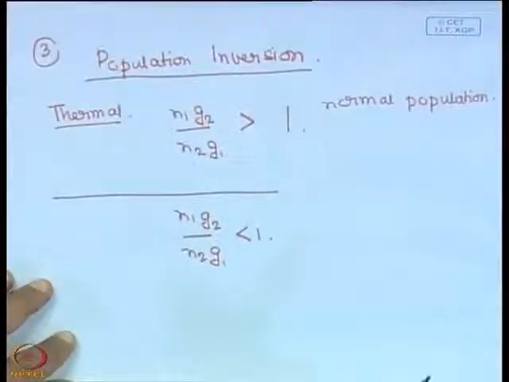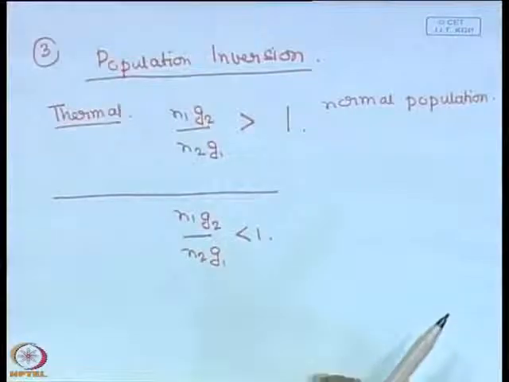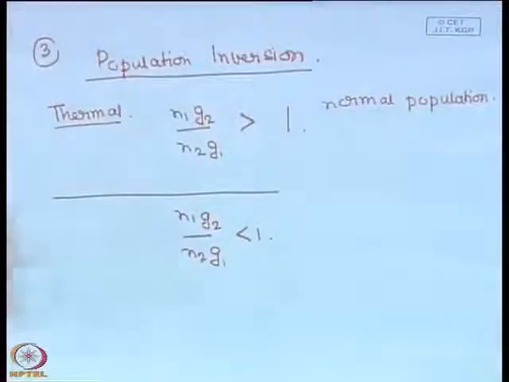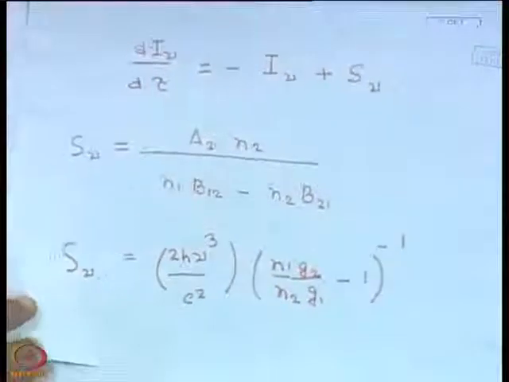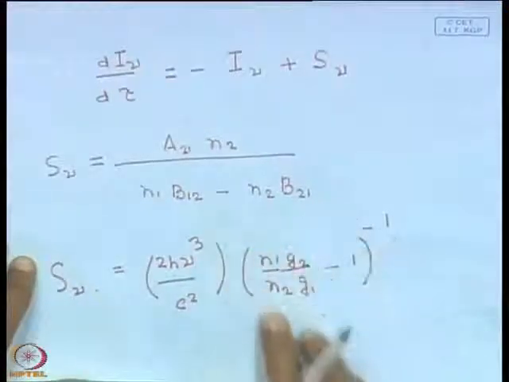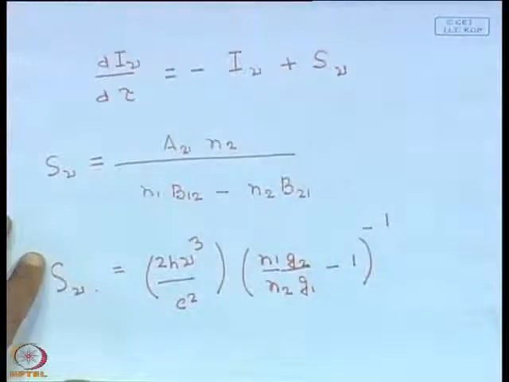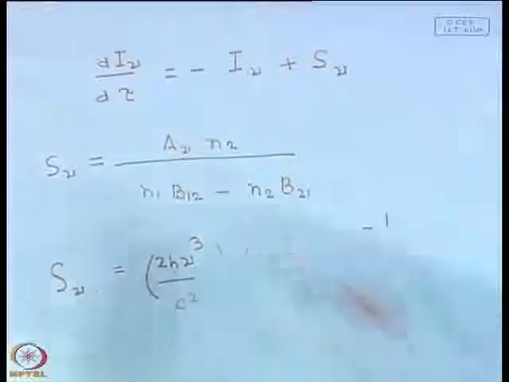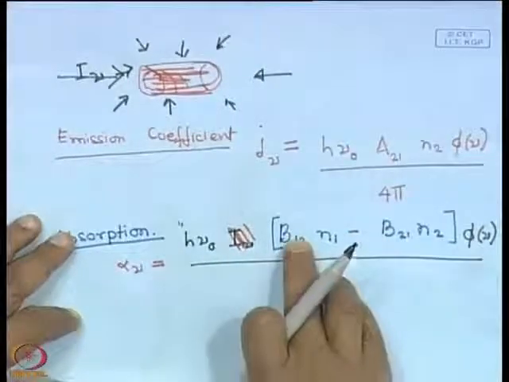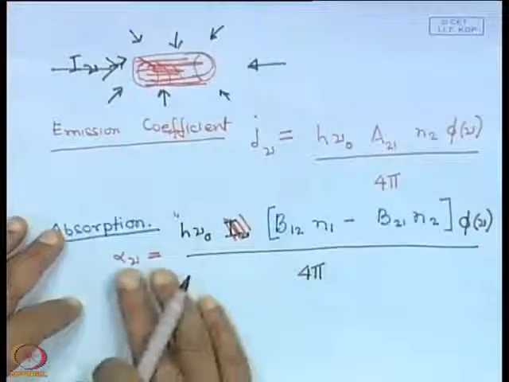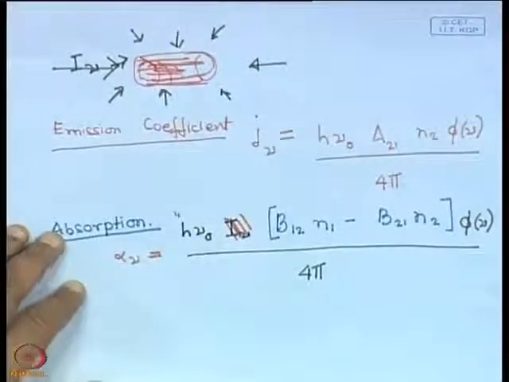In this situation, the absorption coefficient alpha and the source function both become negative. This term exceeds this term, and my absorption coefficient becomes negative.